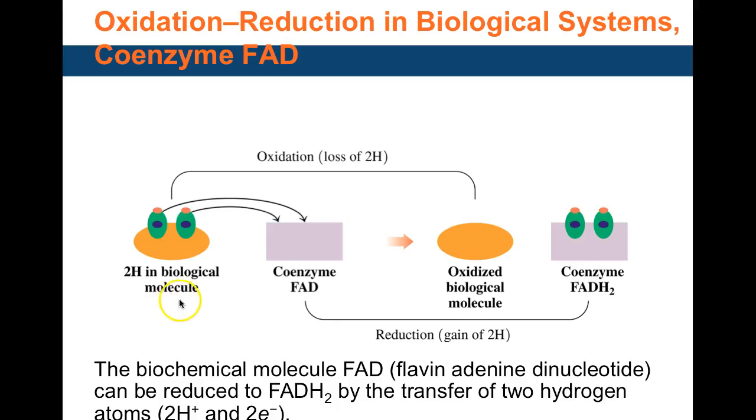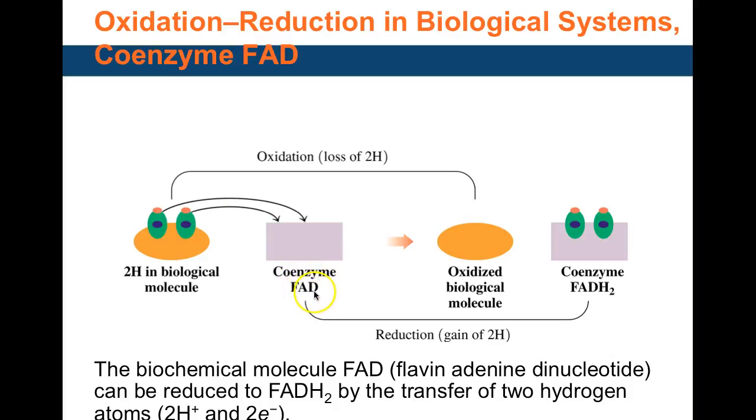So here in a biological molecule, there are two hydrogens here, okay? Now what happens to those two hydrogens in the biological molecule? They are lost, okay? So that loss of hydrogen is an oxidation. So those hydrogens are getting taken up by this coenzyme, all right?